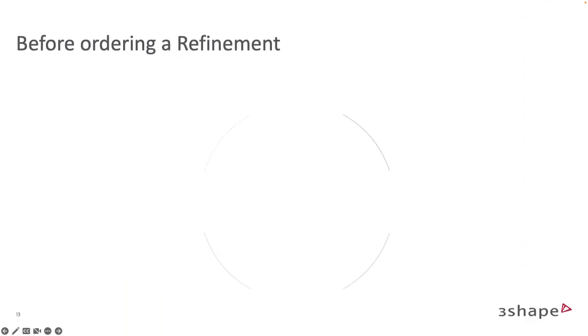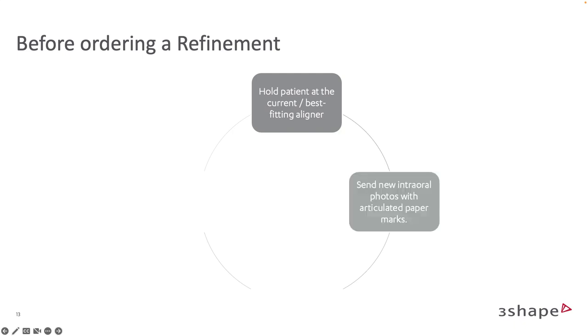So before ordering a refinement, try to hold your patient at the current best fitting aligner. Also, you can send new intraoral photos with articulating paper marks. Send a new scan or PVS impressions.